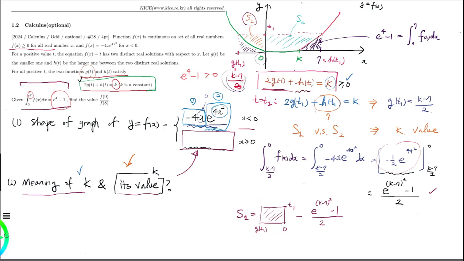And then we have to be cautious that the value of g of t1 is negative, so the whole length of this width is negative g of t1, which is negative (k minus 7) over 2 here.